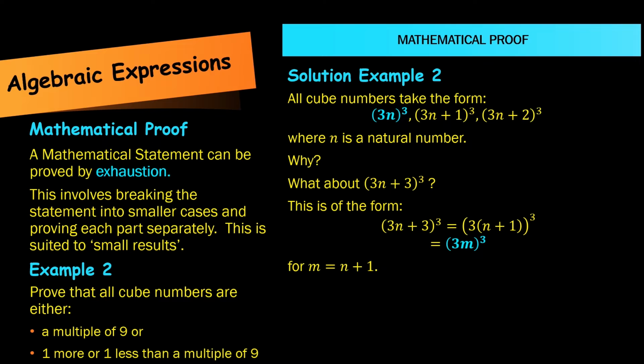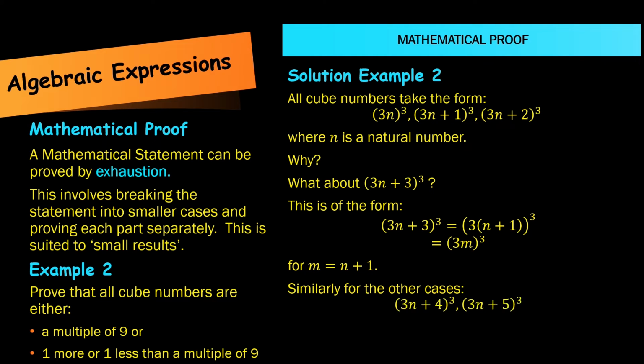In particular, we're saying that (3n) cubed and (3m) cubed are in the same format. Similarly, we can show this for the other cases, namely (3n plus 4) cubed and (3n plus 5) cubed. Have a go yourself.